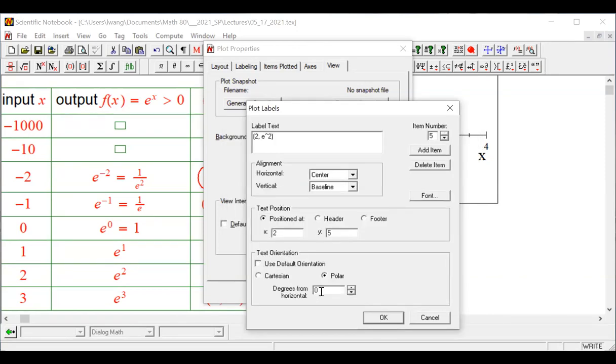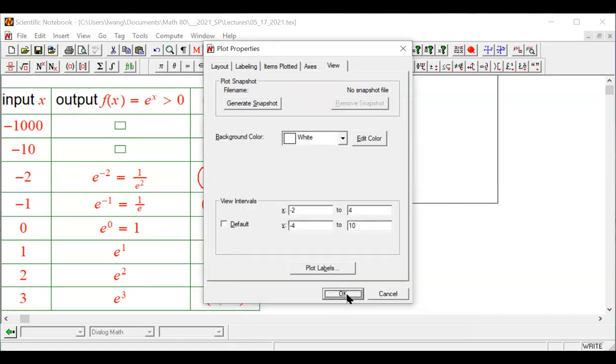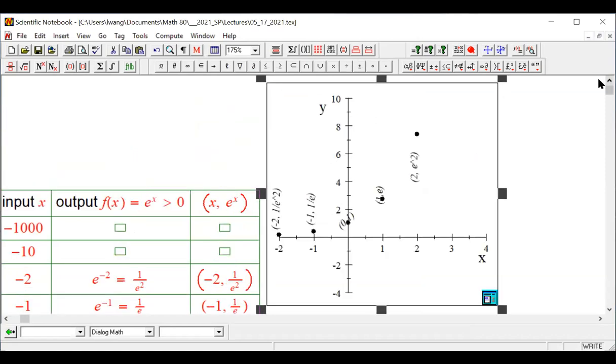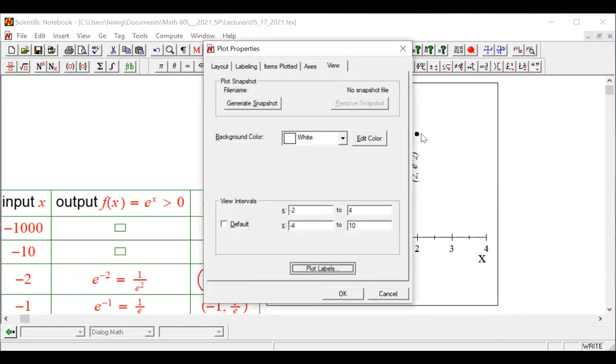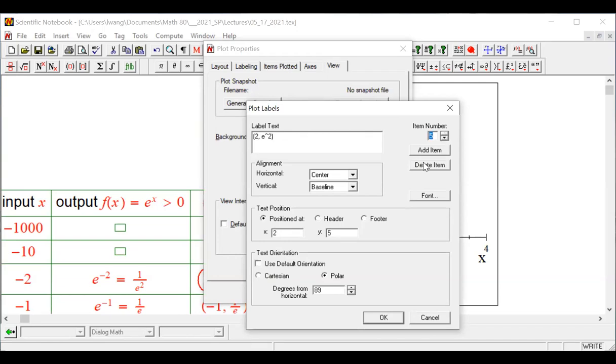Okay, I'm not asking for perfect work. Okay, let's see there. 2 comma E squared. It could be better, right? So I'm going to make it closer. As you can see, plotting these points is really a labor of love, right?